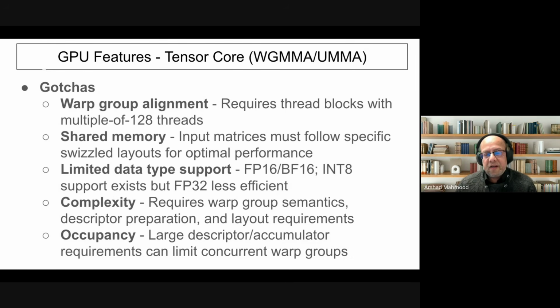So you do have to see if the particular data that you're interested in is even supported by these. It's probably one of the most complex instructions you'll see in CUDA because it requires so many parameters. There are libraries like CUTLASS and CuTe DSL that really help with this.